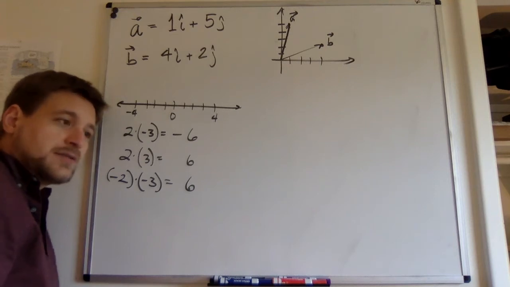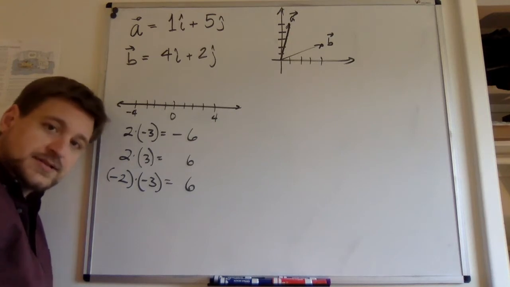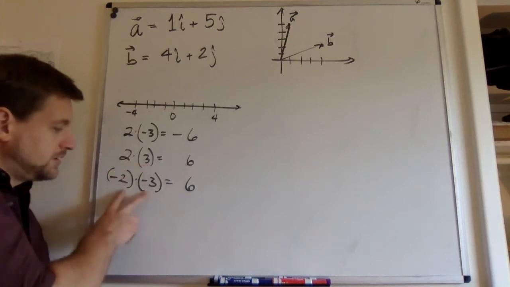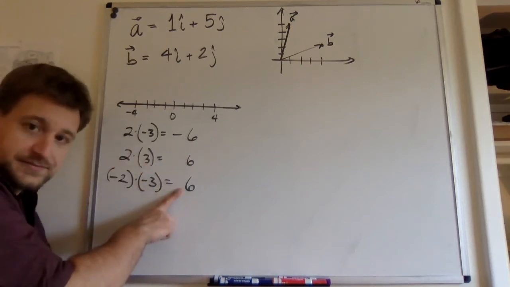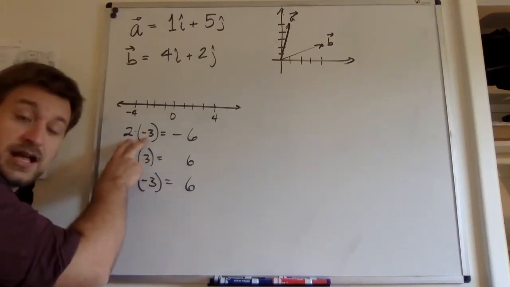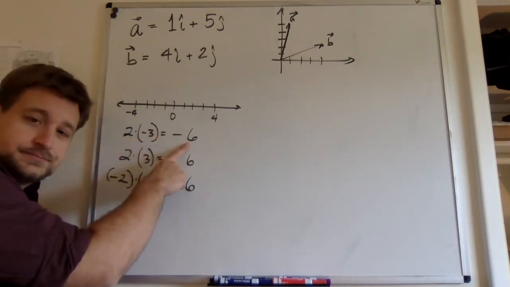Are we talking about things in the same direction on the number line or opposite directions on the number line? Anytime the two numbers are in the same direction on the number line, the answer is positive. Anytime the two numbers are in opposite directions on the number line, the answer is negative.